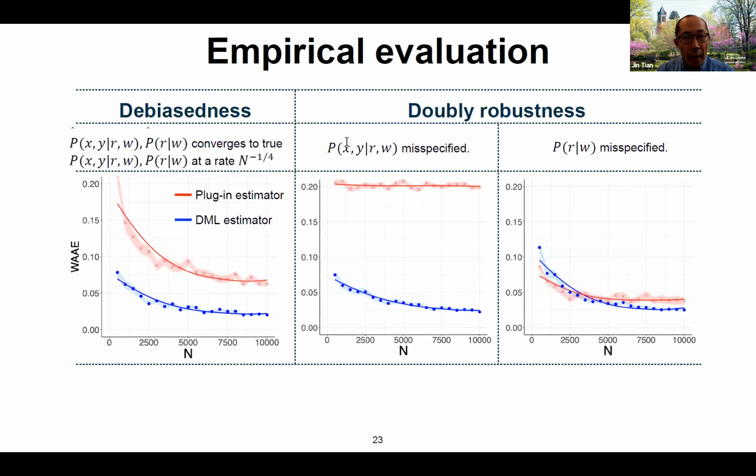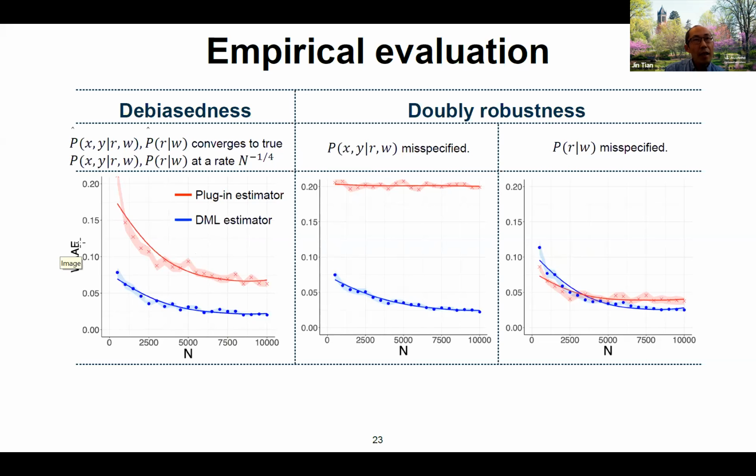So we ran simulated experiments to confirm these properties. We simulated the debiasedness and compared our estimator, this blue line, with the standard plugin estimator. And this is basically the estimation error.